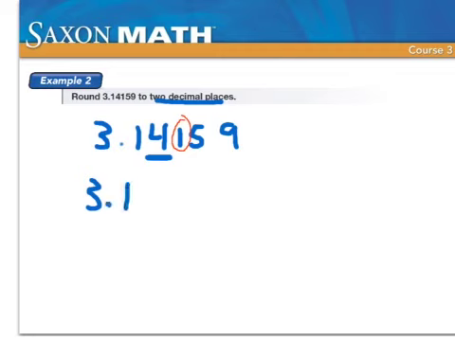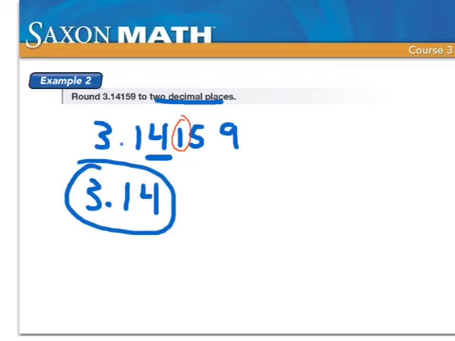Now the 1 tells me whether I keep the 4 the same or round it up to 5. 1 is below 5, so that tells me to keep the 4 the same. Normally I said we need to fill in zeros to the right, but since it only tells us to go to 2 decimal places, there are our 2 decimal places right there. So we're done: 3.14.